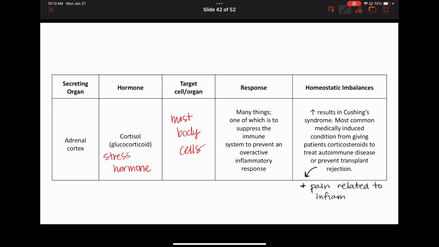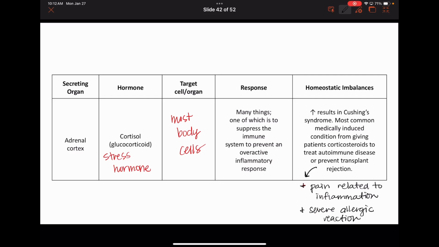So again, like back pain, joint and muscle pain. It's also given sometimes when you have a severe allergic reaction, in order to decrease the inflammation. Your inflammatory response comes from your immune system. So if we suppress the immune system, we're going to decrease that inflammation.